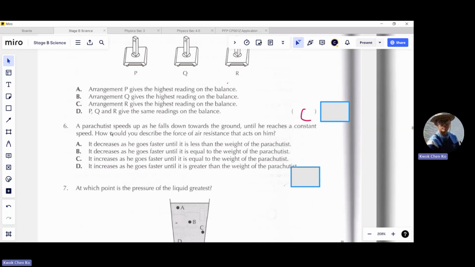Okay, this one is not so easy. As he falls down towards the ground, he reaches a constant speed. How would we describe the force at every instant that acts on him? It increases as he goes faster until it is less than the rate of comparison.